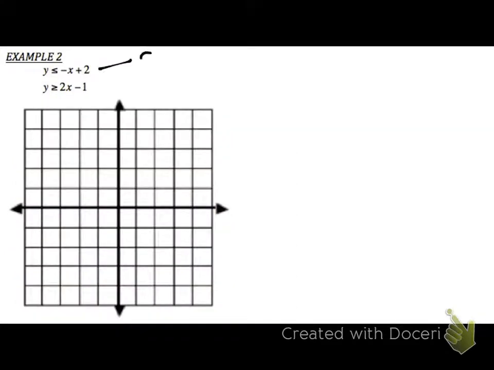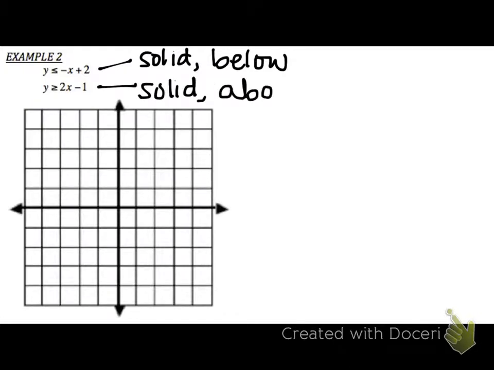Number 2 is going to have a solid line, and since that says less than or equal to, it's going to be shaded below. This one also has a solid line, but since it says greater than, it's going to be shaded above. Let's pick some different colors this time.